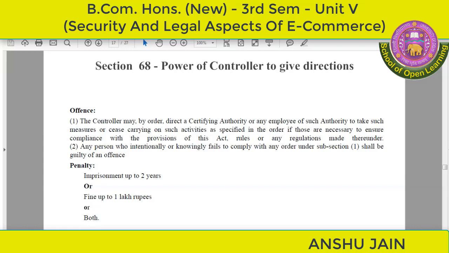Any person who, with bad intentions, does not follow the rules, provisions or regulations in the Act will be charged with a fine up to 1 lakh rupees or imprisonment up to 2 years, or both.